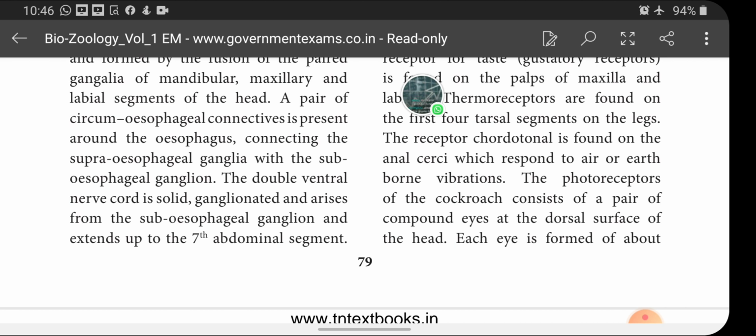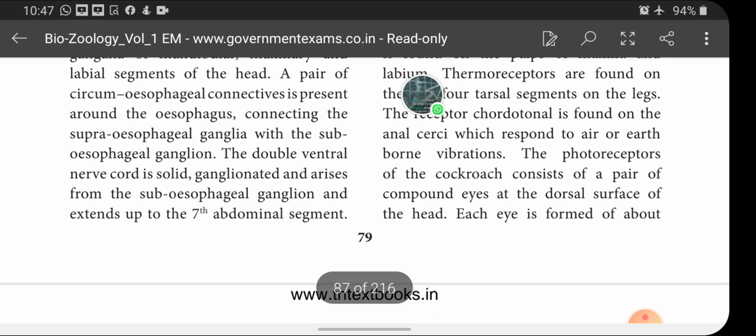What is chordotonal? The receptor which responds to air and earth-borne vibration is called chordotonal receptor, present in the anal cerci.